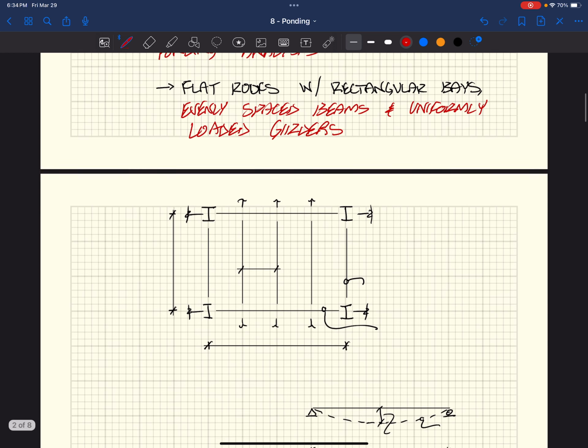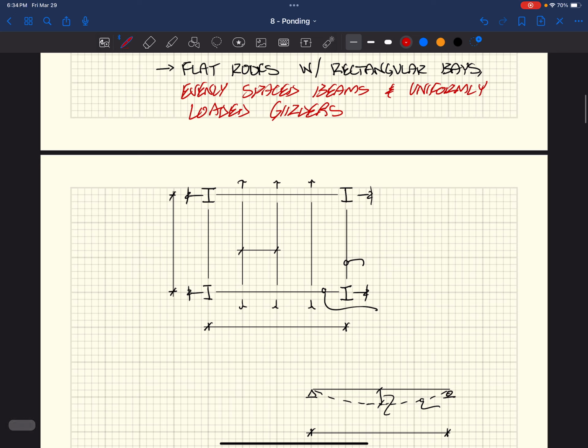So if we look at a bay, and I've talked about primary and secondary here. If we look at a bay of framing, right? So this is a typical framing bay plan, right? So we have some wide flange columns.